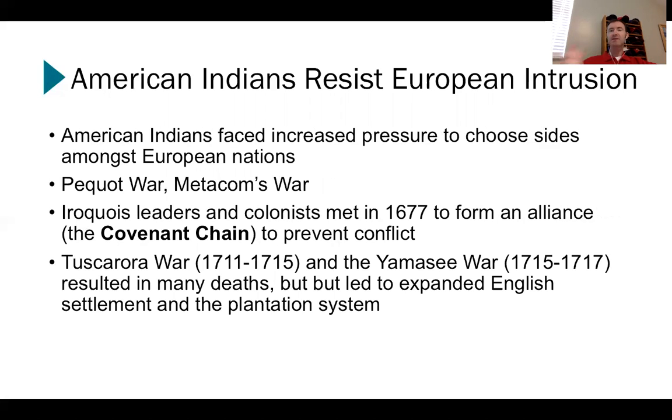And so what we notice is that when you're looking at this, these Native American tribes have pressure. We'll see this more with some of the connections that are made in the next unit when we look at the French and Indian War. Okay? And so these native populations are going to have to say, okay, what is in my best interest to actually side with the French or the Dutch or the British? Which one of these sides gives us the best opportunity?